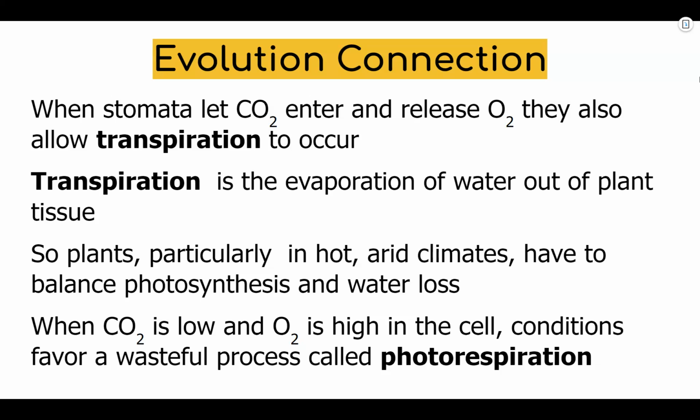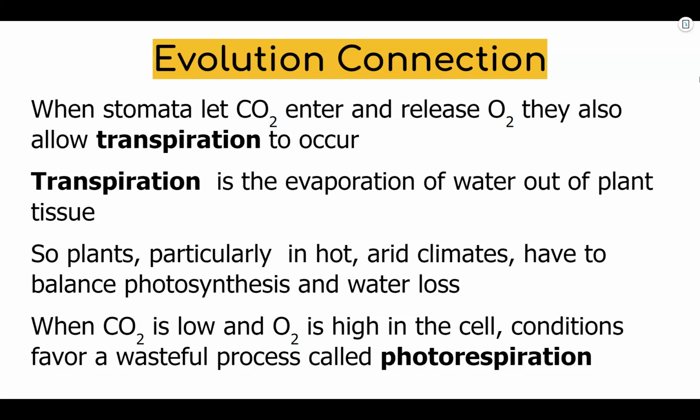And sometimes, as a result of this, carbon dioxide is too low, so there's not any carbon dioxide getting in, and there is too much oxygen building up in our leaf cells, because we have closed the stomata to stop the hemorrhage of water.